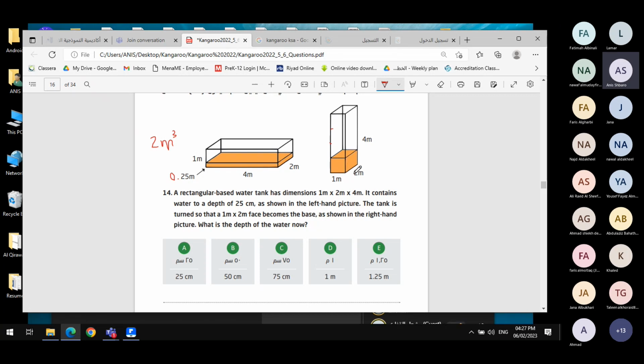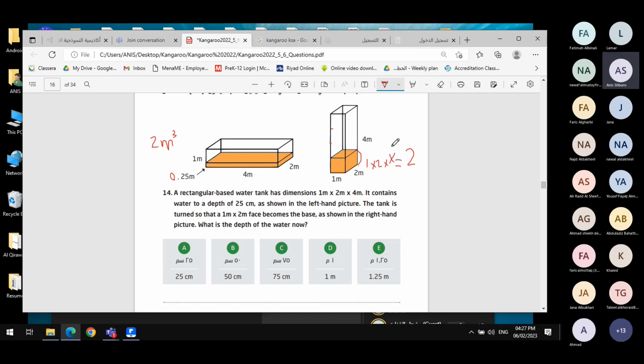So what we are going to do here is the following. 1 times 2 times something will be equal to 2. I'm not going to write the units now. If someone here is in grade 5, it might feel like a complicating idea, but we're going to type x.